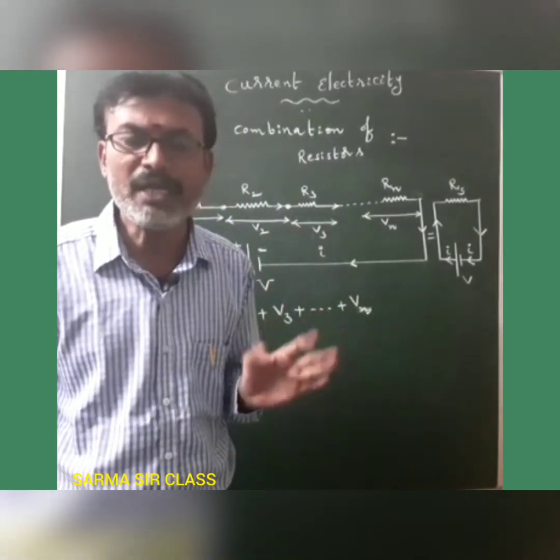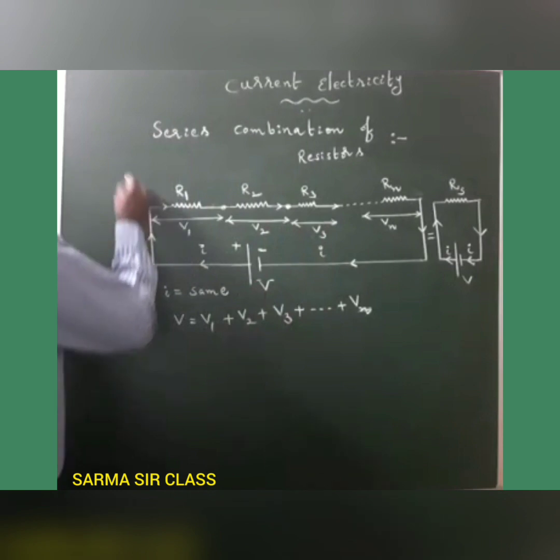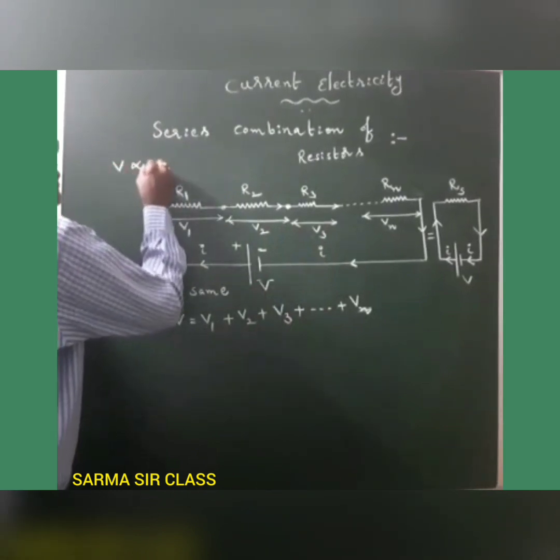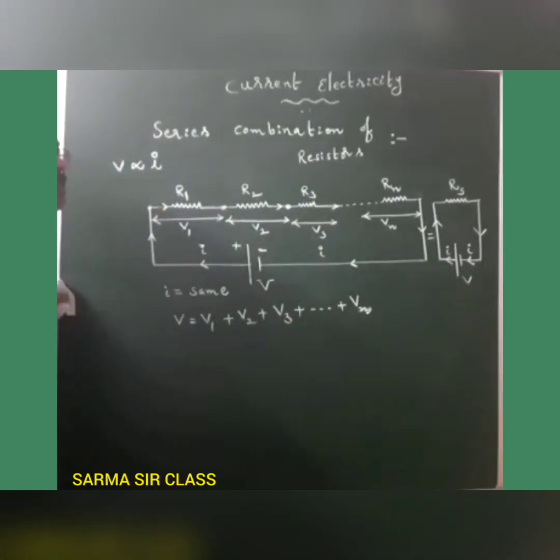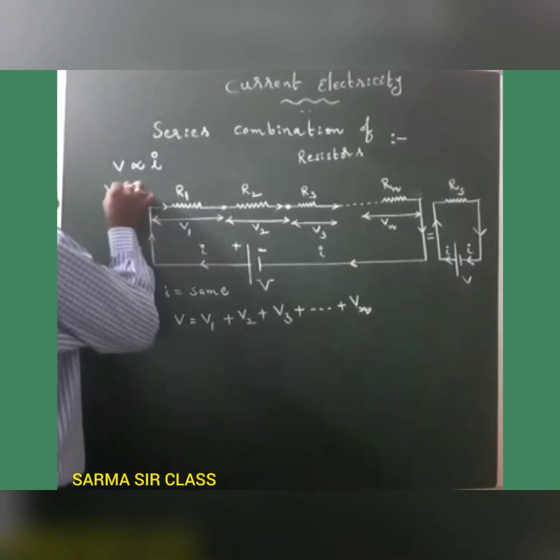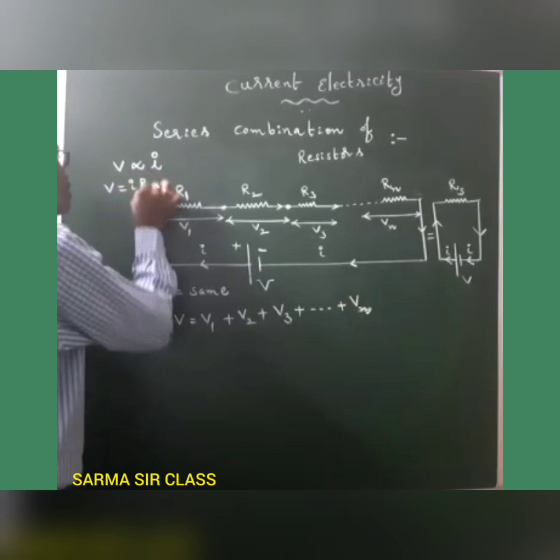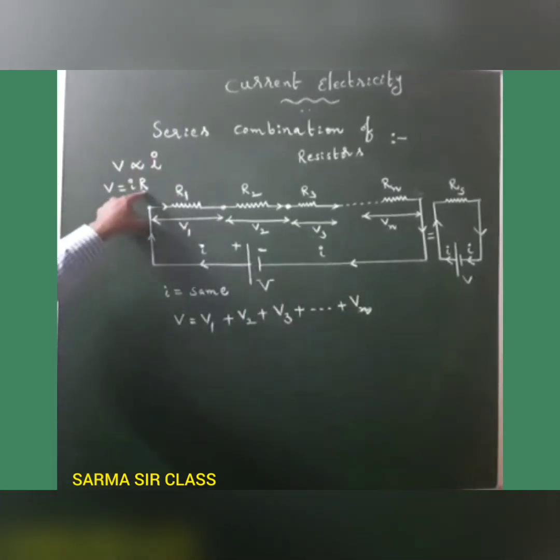V is proportional to I. Then V is equal to, removing proportionality and keeping a constant R, V is equal to IR.